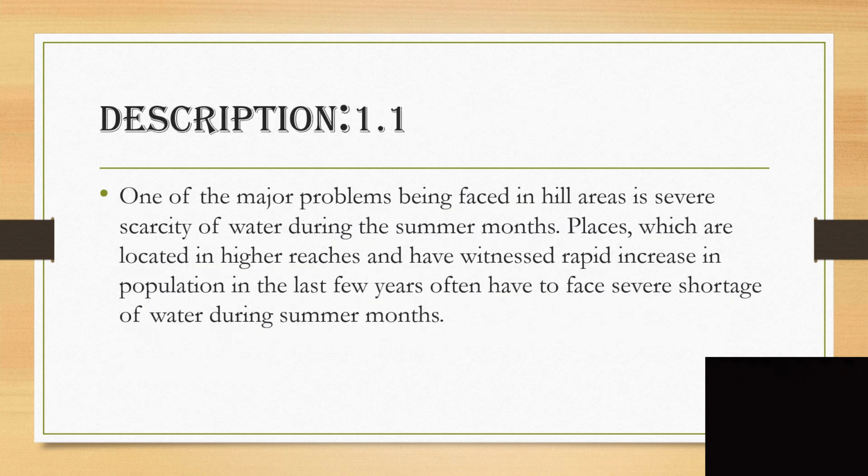Now, let's look into our project description. One of the major problems being faced in hill areas is severe scarcity of water during the summer months. Places which are located in higher reaches and have witnessed rapid increase in population in the last few years often have to face severe shortage of water during the summer months.